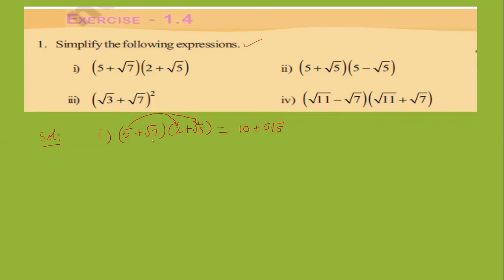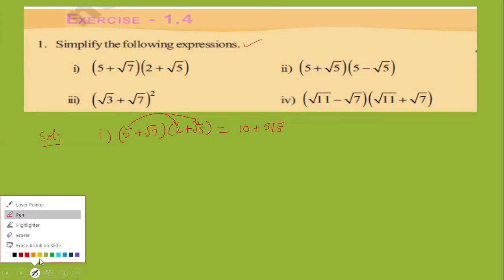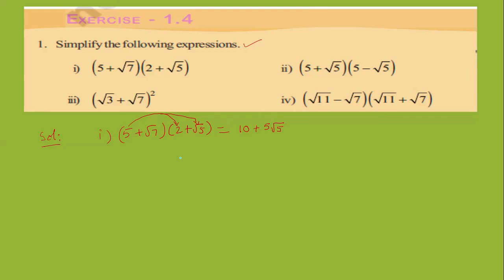Again, you take the second term of the first binomial. What is that? Root 7 into 2, 2 root 7, plus root 7 into root 5, root 35.